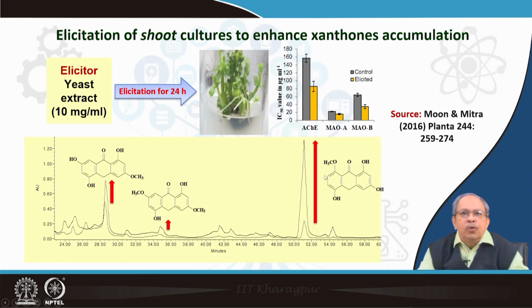So, of course, these elicited metabolites were isolated from a semi-preparative run of HPLC, and individual metabolites were tested in vitro for this inhibitory activity, and it showed very good promise.